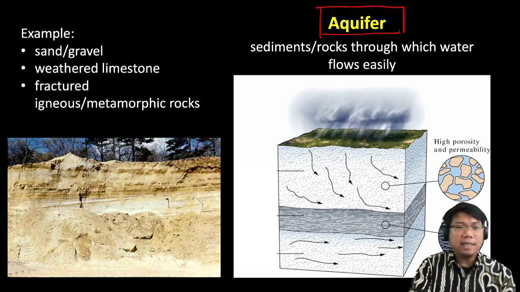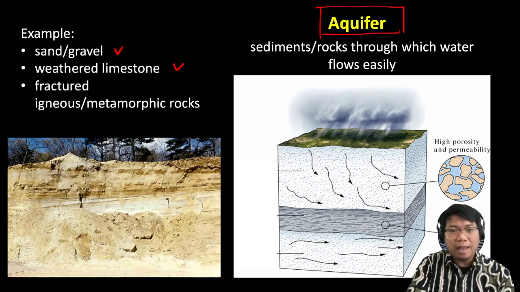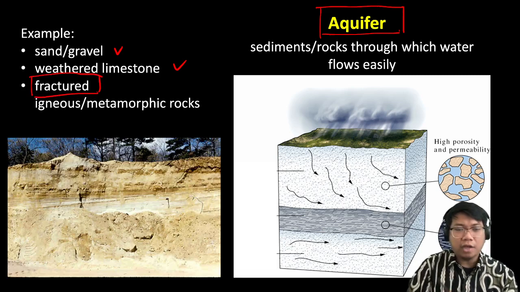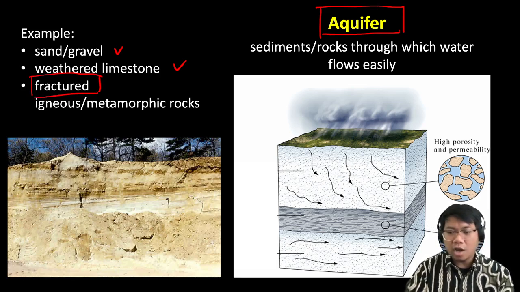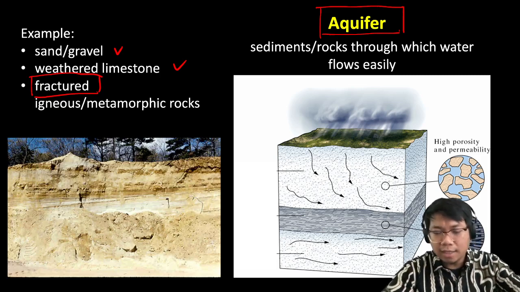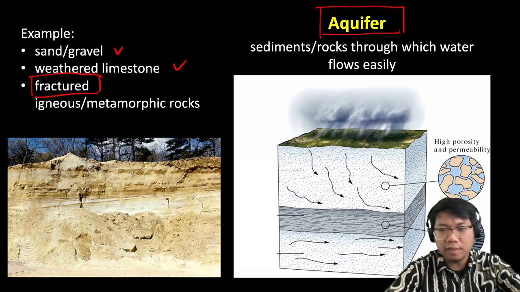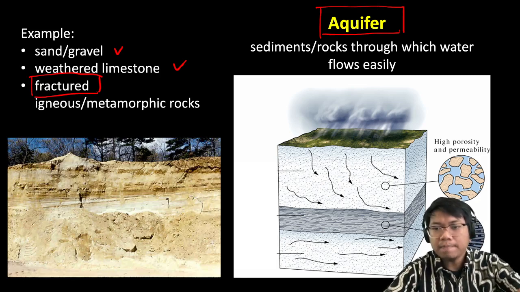Okay, and the example for that would be sand and gravel, weathered limestone, or we could also have some crystalline rocks, but they must be fractured. These crystalline rocks must be fractured to allow some openings within the rocks and allow the water to go through easily.